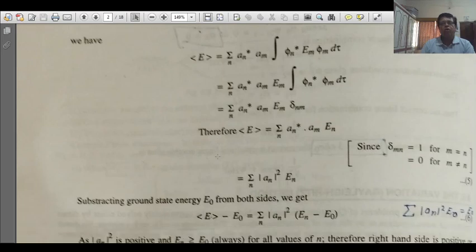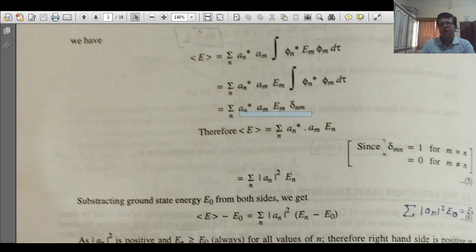Now, replacing this here, this term becomes E m phi m. E m is an eigenvalue, and it can be taken outside the integral, and the remaining integral becomes delta n m, the well-known Kronecker delta function.